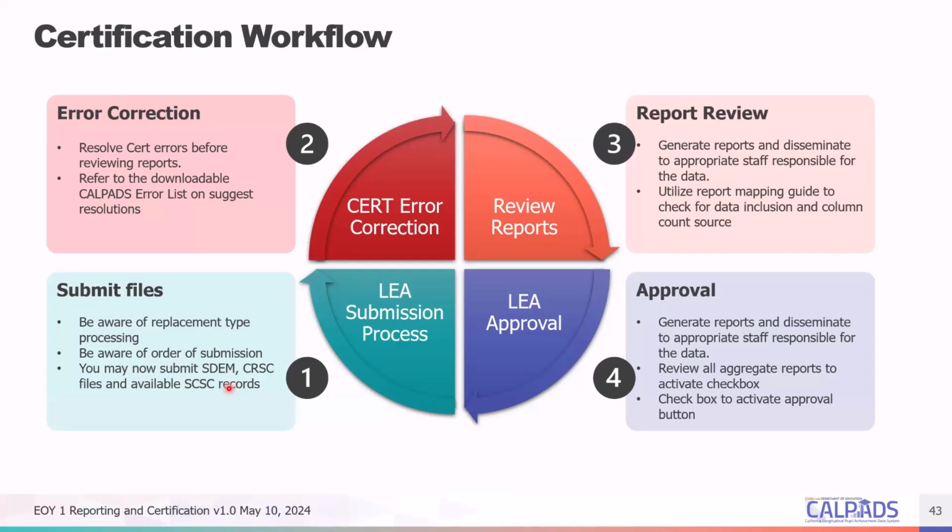You submit your SDM first, and then you submit the CRSC, and then you submit the SCSC. Because it's difficult to take away a file or overwrite a file, especially if you submitted an SCSC batch file that shouldn't even be reported to CalPads and that doesn't have its corresponding CRSE record. So be aware of those nuances when submitting files.